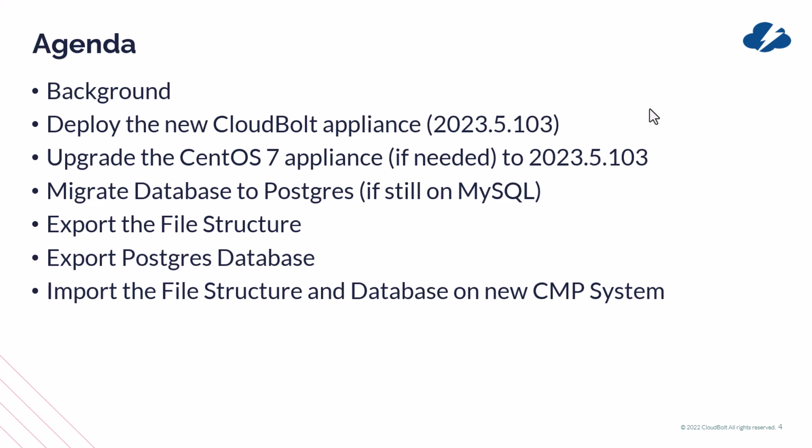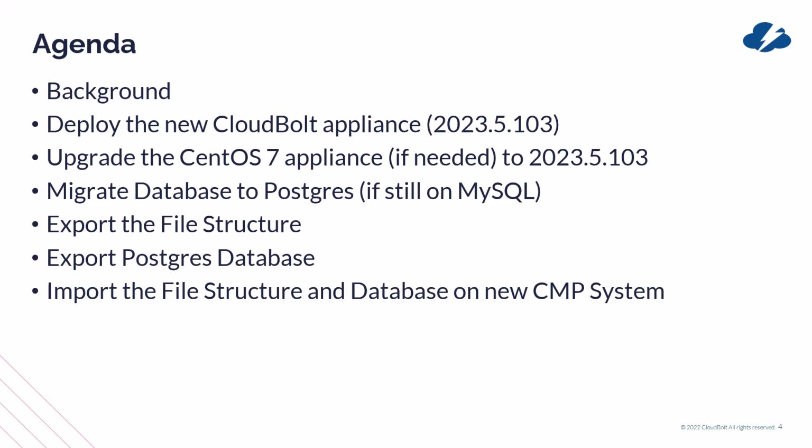Then we're going to go through migrate the database. So we're going to show how to, actually, we're not going to do this in this video. So the database portion, I actually went through the MySQL migration probably 5 to 6 months ago. I put that off for the better part of a year. But if you are still on a MySQL database, the steps are in the document. I'll point those out.